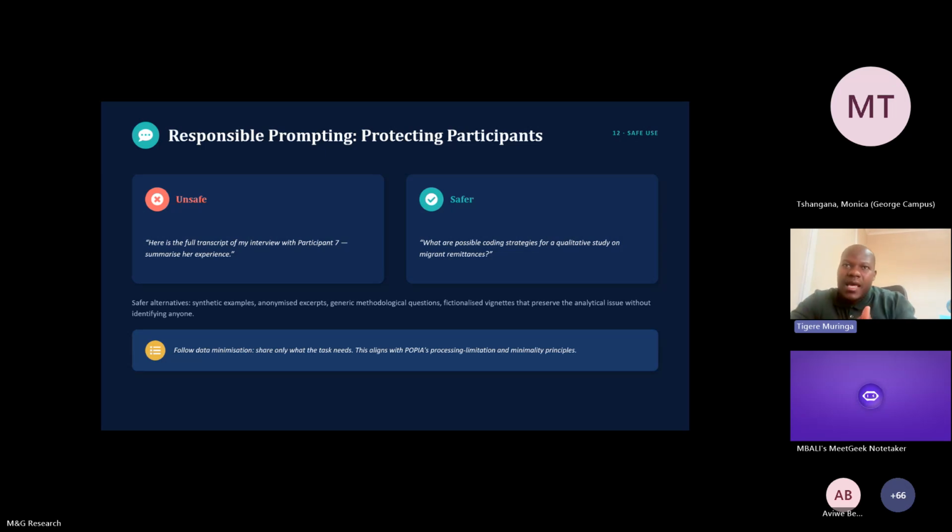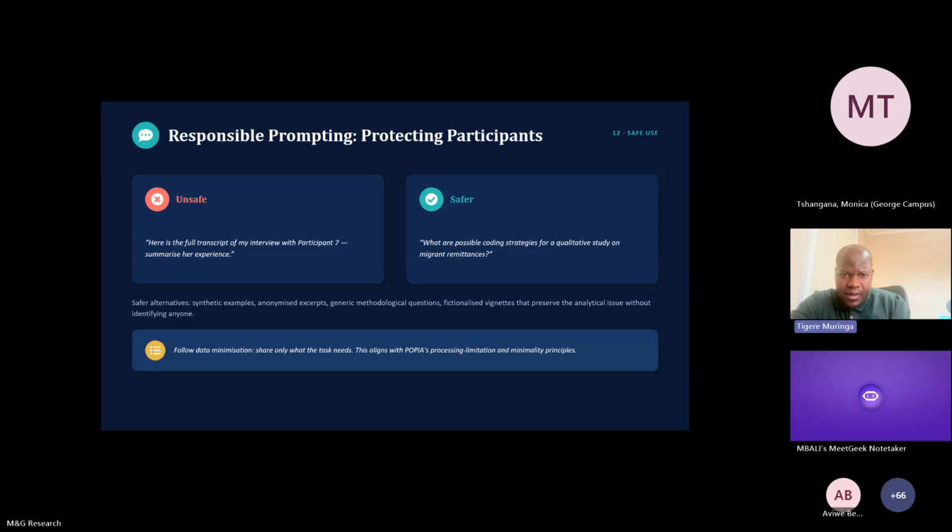So what are we saying? We're saying that researchers need to follow data minimization, share only what the task requires, and avoid uploading all the information. Opt for safer alternatives. Use synthetic examples, anonymized excerpts, generic methodological questions, and fictionalized vignettes that preserve the analytical issue without identifying anyone.